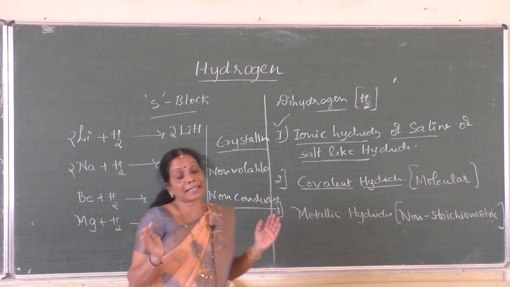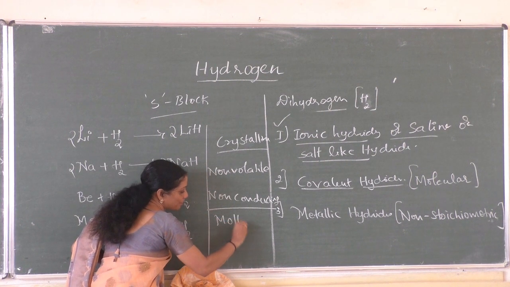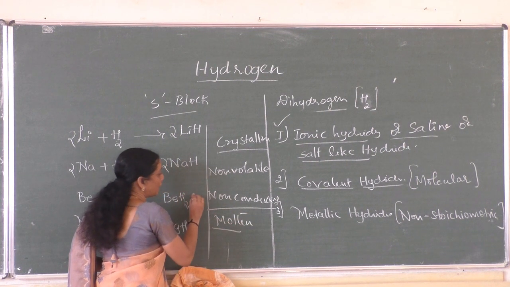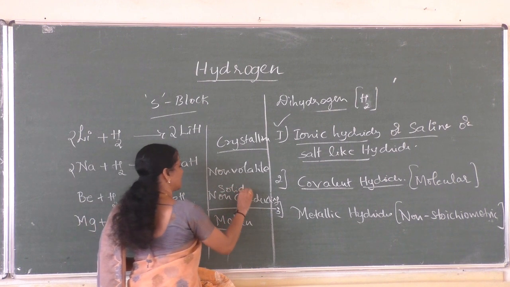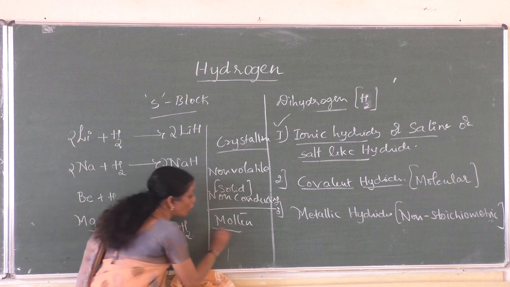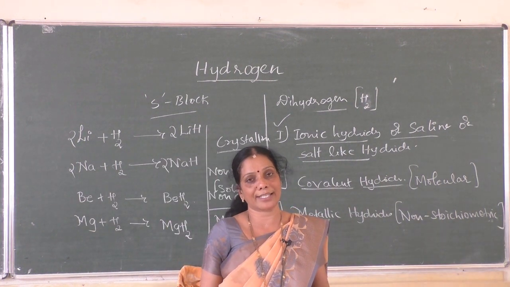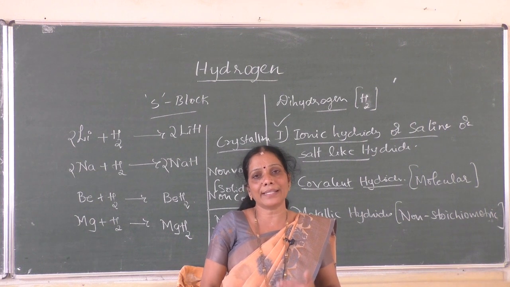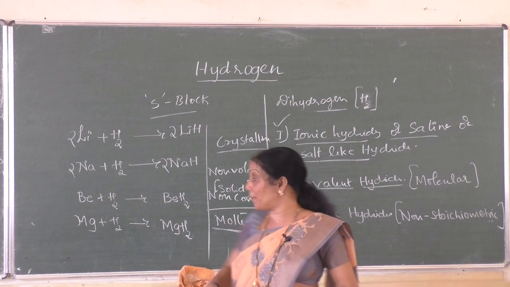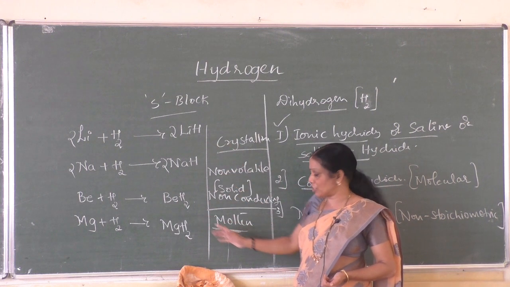But they can conduct electricity in their molten state. In the solid form they are non-conducting, but in the molten form, what is meant by molten form? The melt of these hydrides. When we melt them, we get a somewhat thick liquid of these hydrides. That melted form of these hydrides is itself called what?